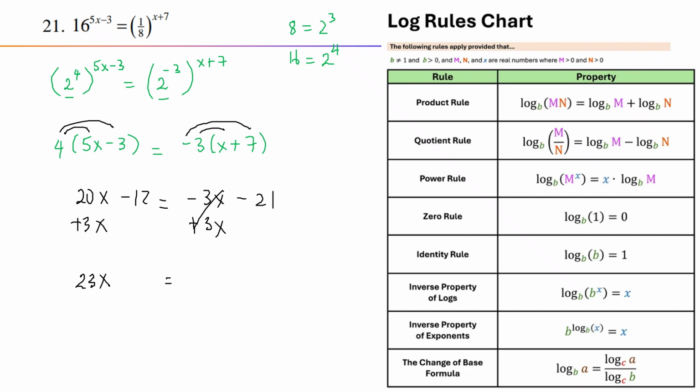Okay. Now we want to get rid of the number on the left hand side so we can isolate the x terms. So we add 12 to both sides. We cancel this, and we add 12 on this side. So negative 21 plus 12 will be negative 9. You see that negative 21 is more negative than 12. You only have positive 12, but you have negative 21.